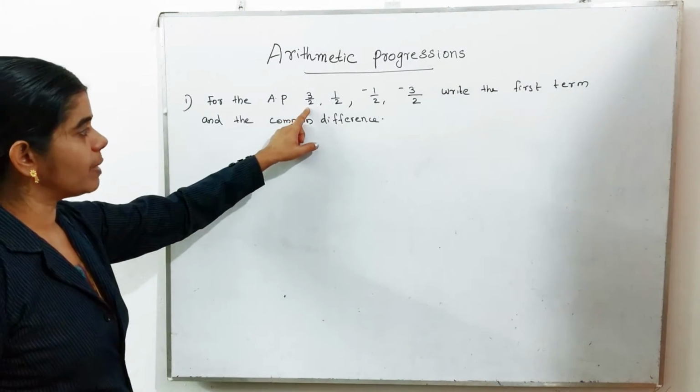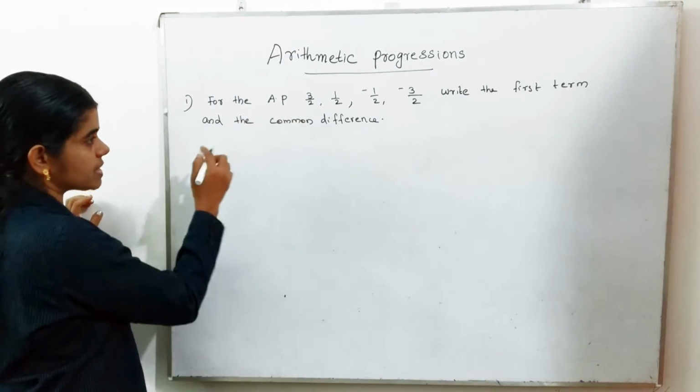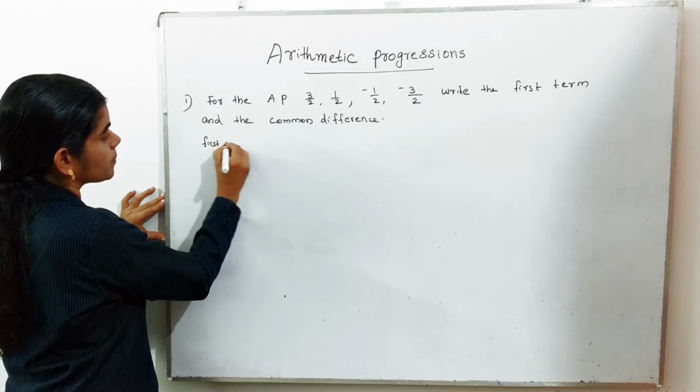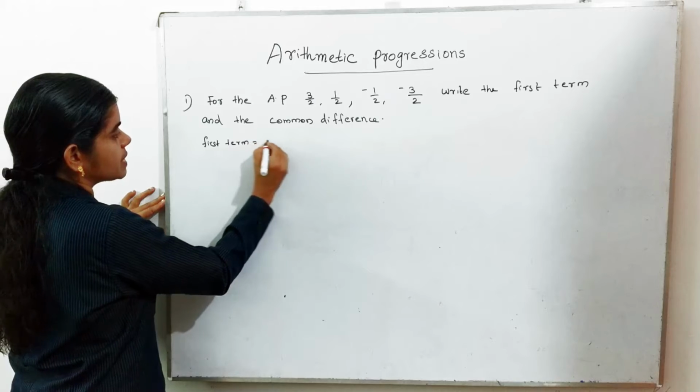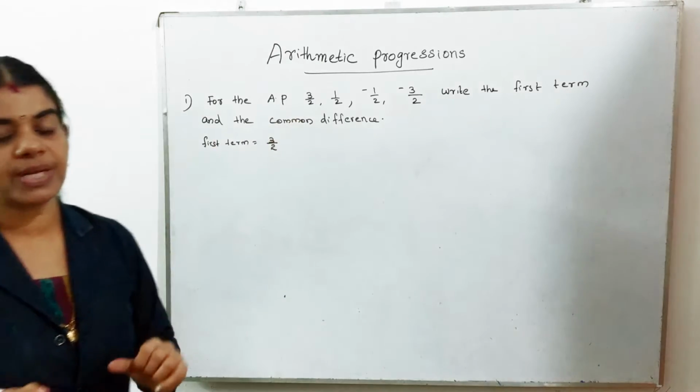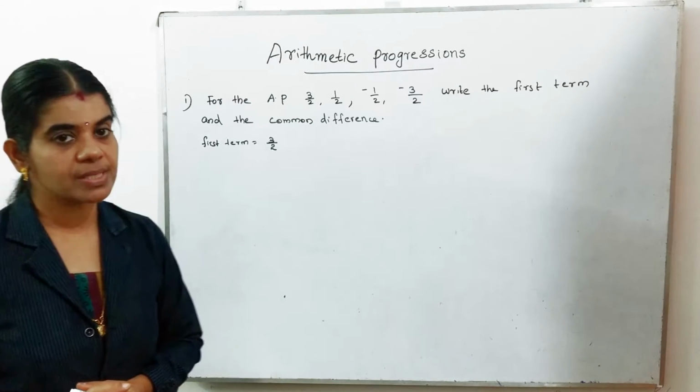Here the first term will be 3 by 2. Therefore, the first term we can write as A. First term is equal to 3 by 2. Then you want to find out the common difference. How will you get the common difference?